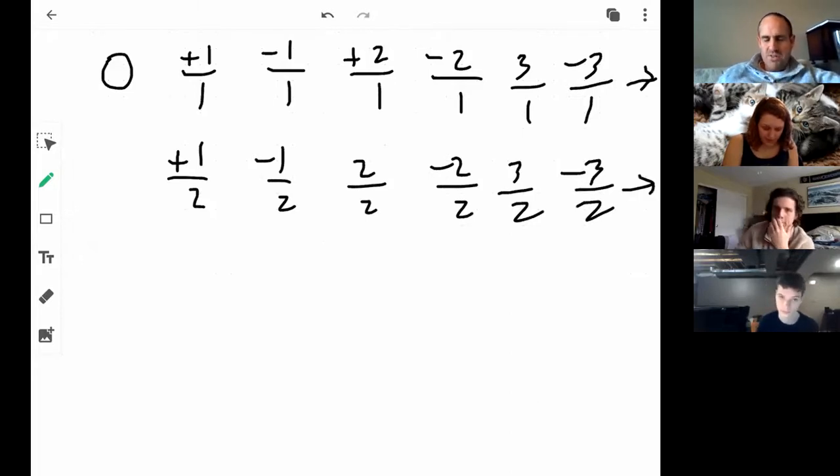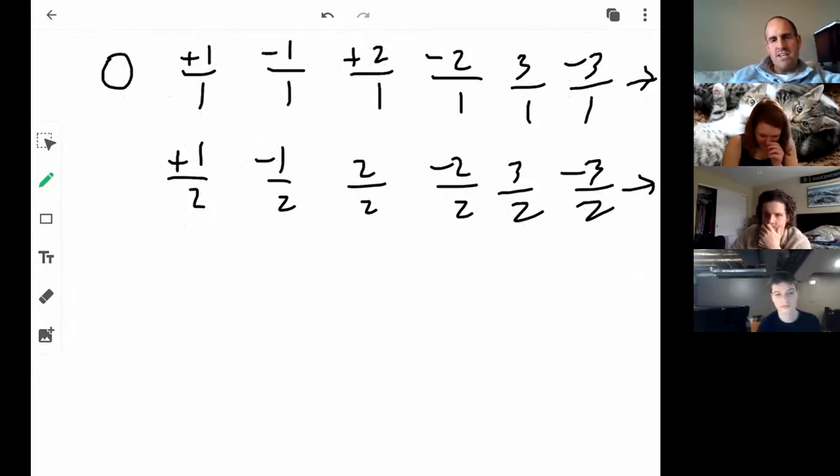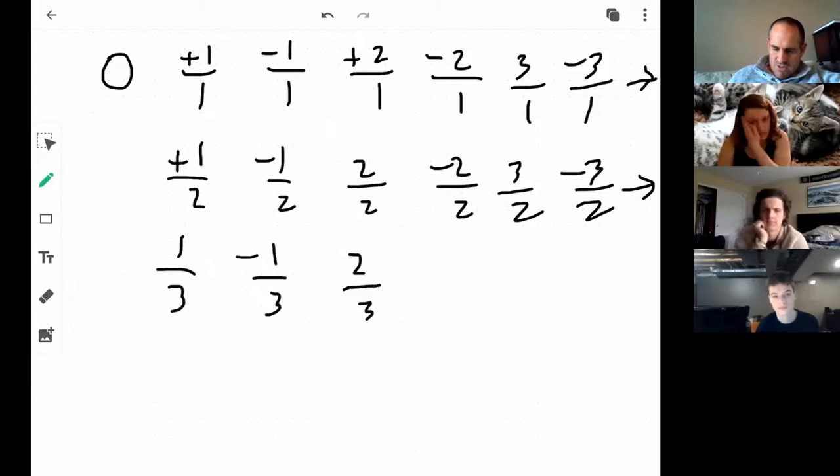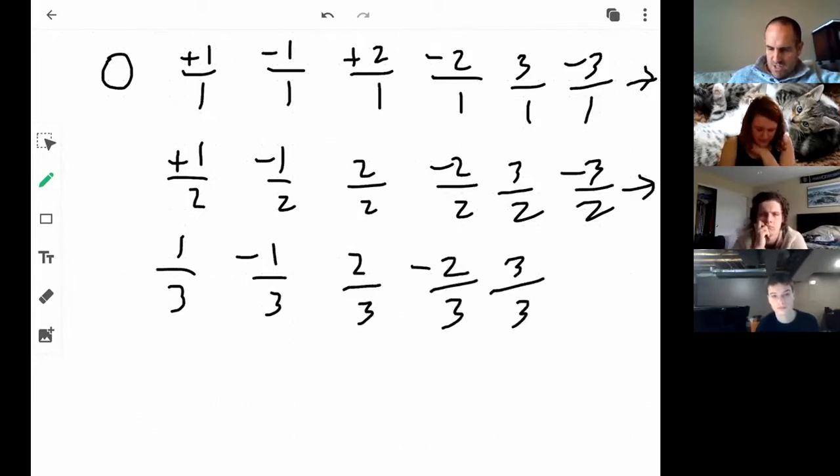What would the next row be? Do you see what I'm systematically doing? With the 3 in the denominator, it'd be 1/3, negative 1/3, 2/3, negative 2/3, 3/3, negative 3/3.